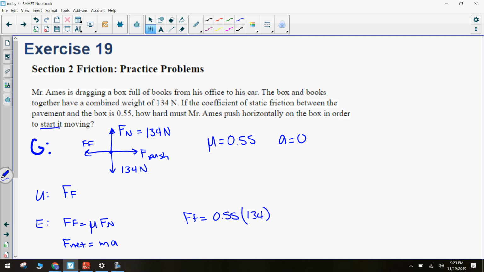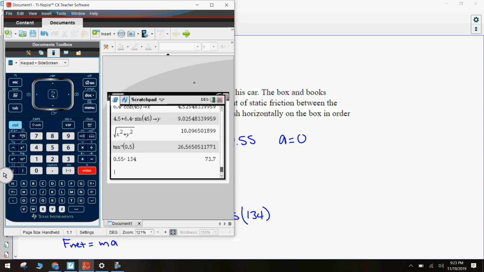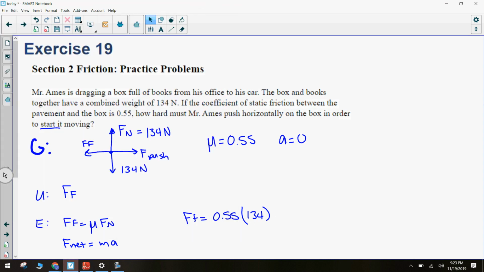Go over to our handy dandy calculator. 0.55 times 134, and we get this lovely number, 73.7 newtons.